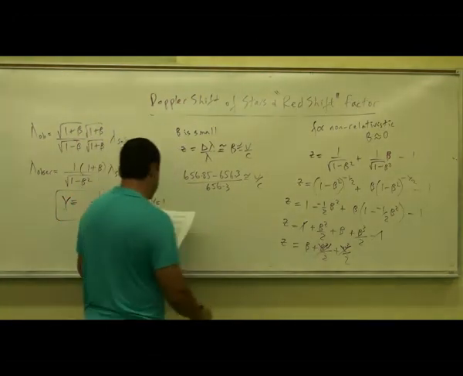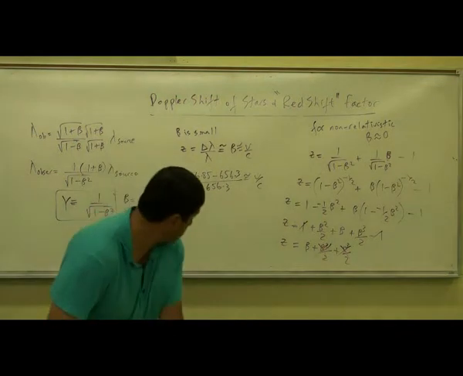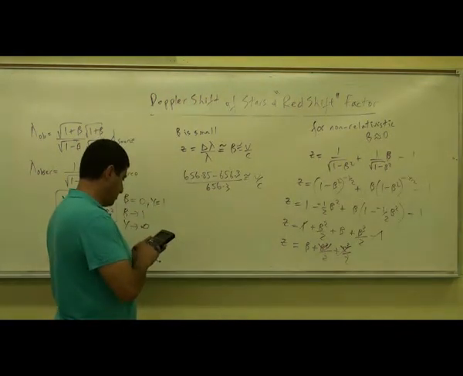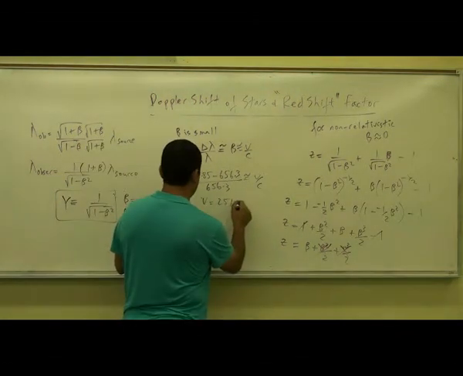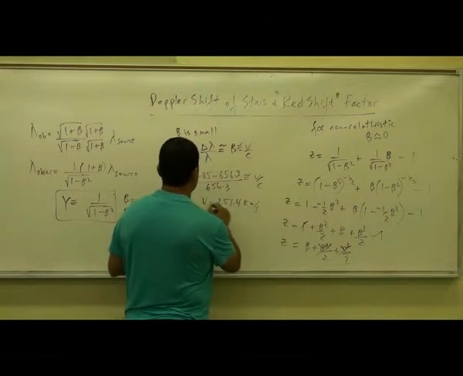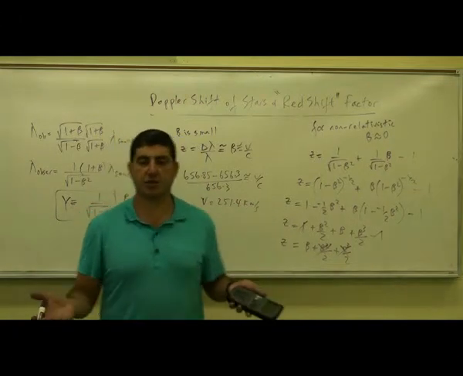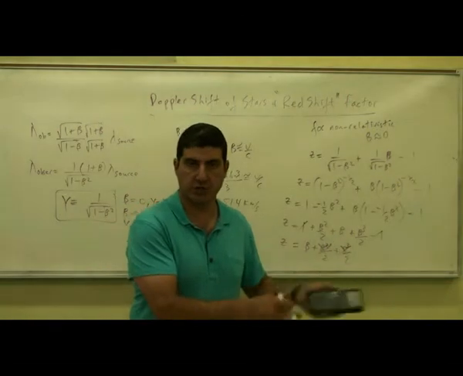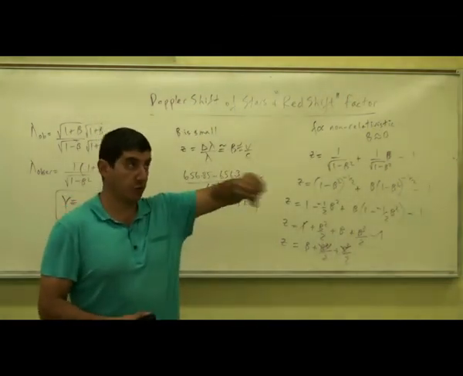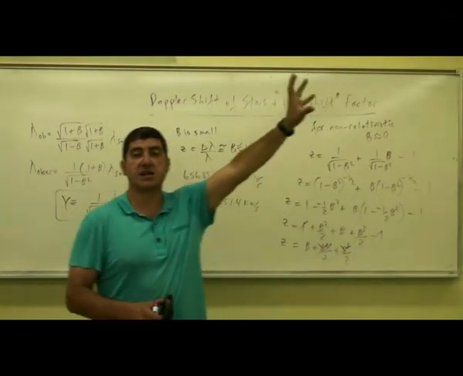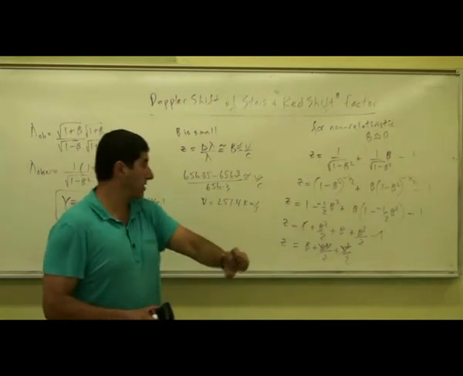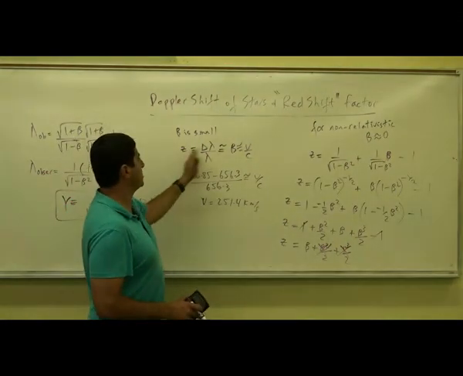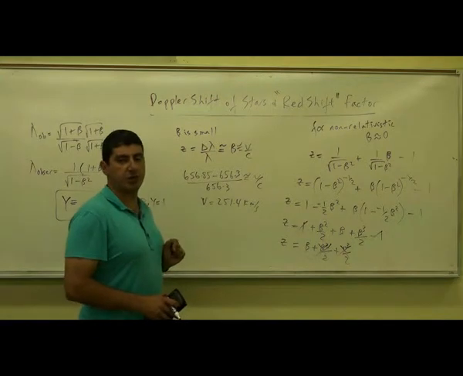So this one gives us, we calculated 651.4 kilometers per second. So very similar to the answer that you get if you do the actual results. So for most objects that we know of that are receding away from us at non-relativistic speeds, you can just simply do z as the ratio of v over c.